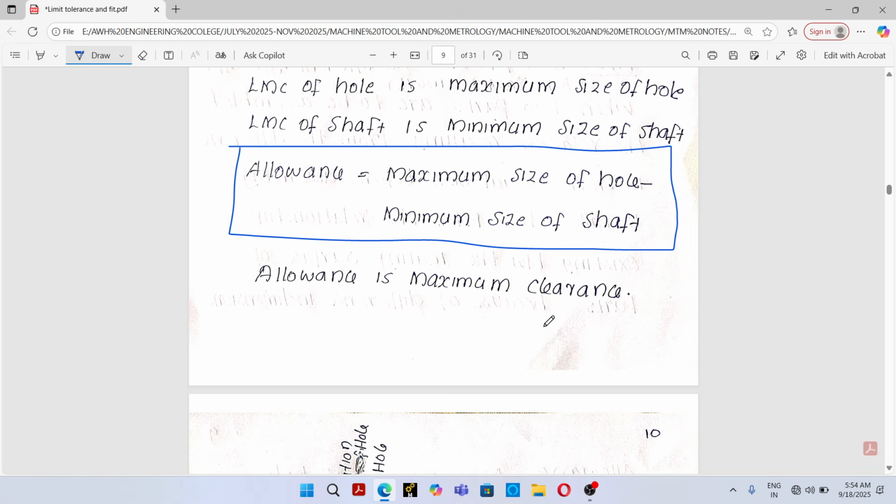Least material condition കേസിലായിരിക്കും allowance എന്ന് പറയുന്നത് maximum clearance ആവുക. Maximum material condition കേസിൽ allowance എന്ന് പറയുന്നത് minimum clearance ആയിരിക്കും. So this is the condition of maximum material condition and least material condition. So maximum material condition എന്ന് പറയുന്നത് in this condition the feature means that may be hole or shaft that contain maximum amount of material within which the stated limit of size.